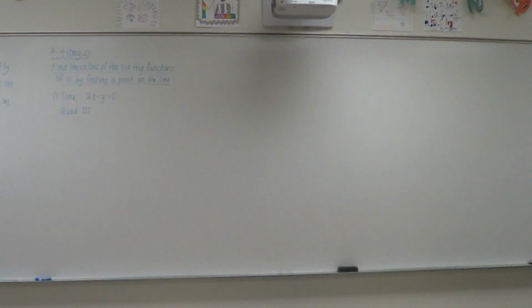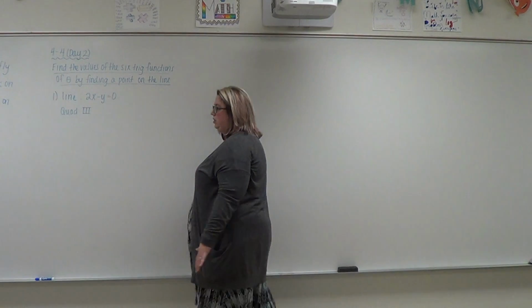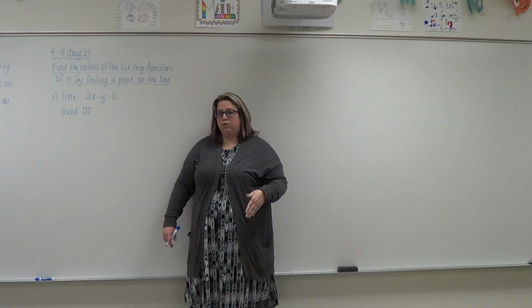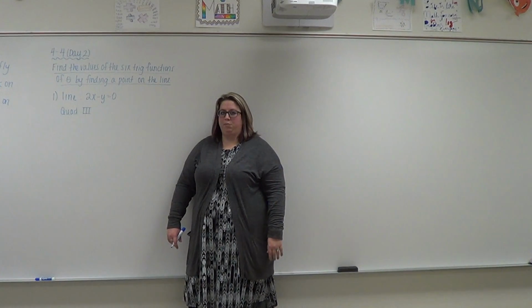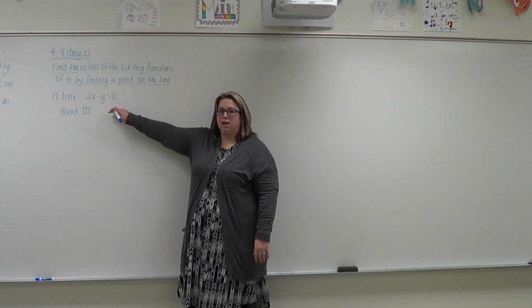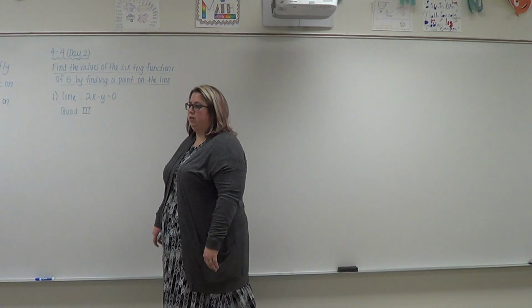Okay, so if you're given a line and you're given what quadrant it's in, you're going to have to find a point that's on that line. It doesn't matter what point you use, okay, but you're going to have to find a point. So we're basically going to have to graph this equation to find a point on the line. Then it also tells me we want to pick a point that's in quadrant 3.